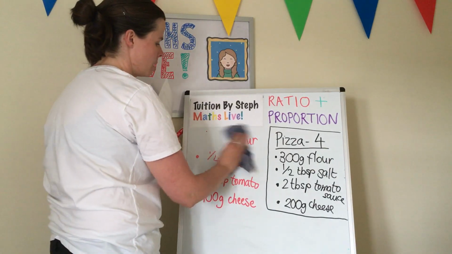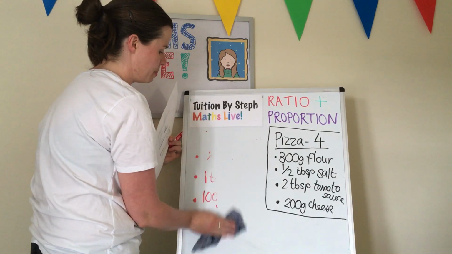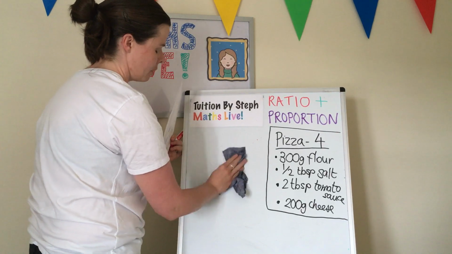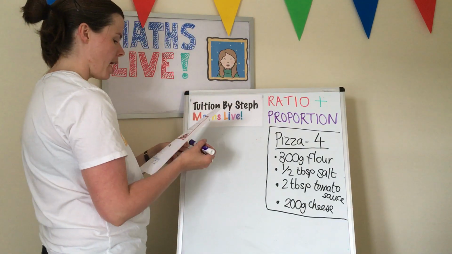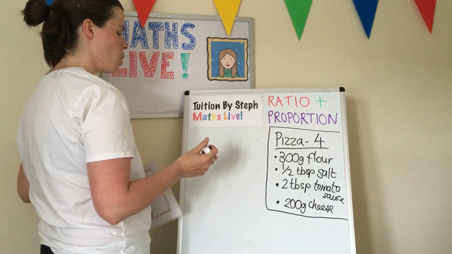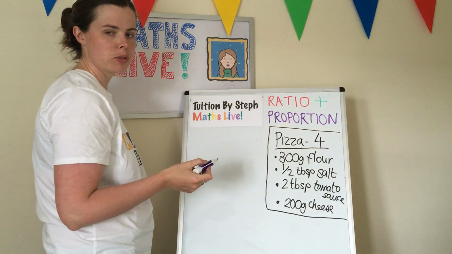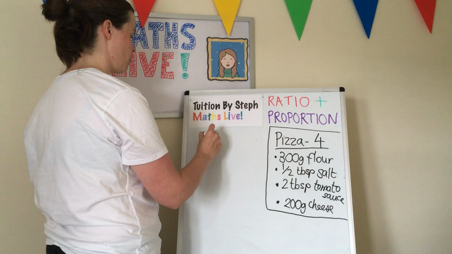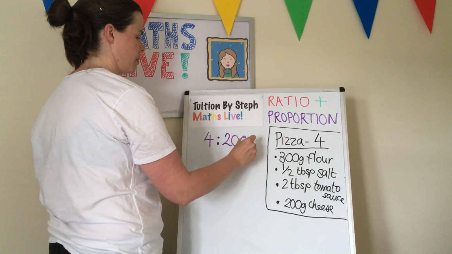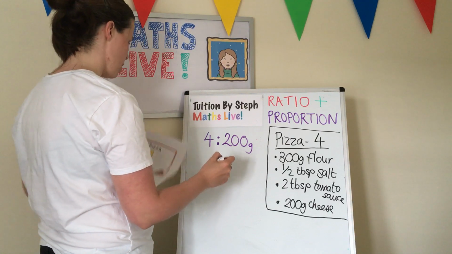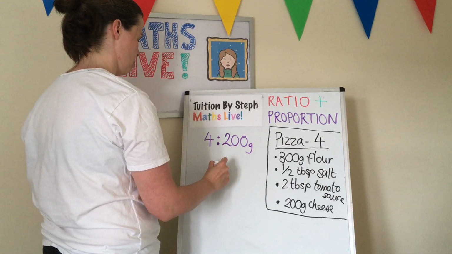And last question, based on this pizza recipe. I'm going to change the pen for that again. Keep it fun. How many pizzas would 600 grams of mozzarella make? So for 4 pizzas, it's 200 grams. Okay? And we've got 600 grams of mozzarella cheese.